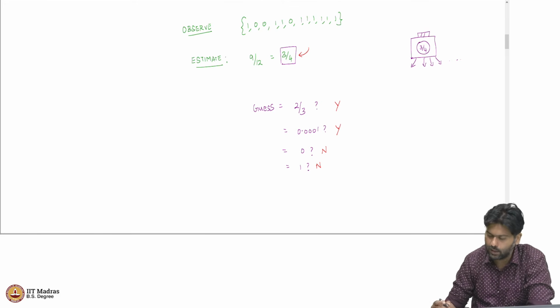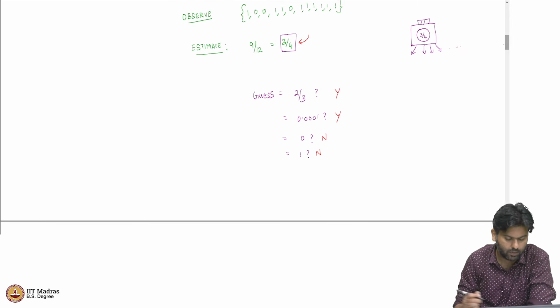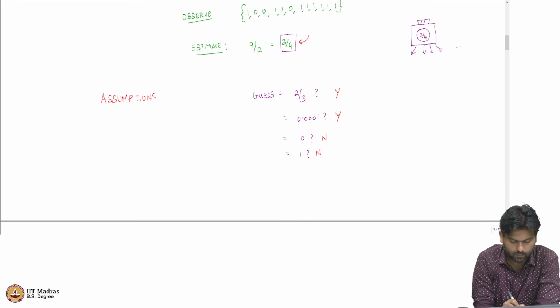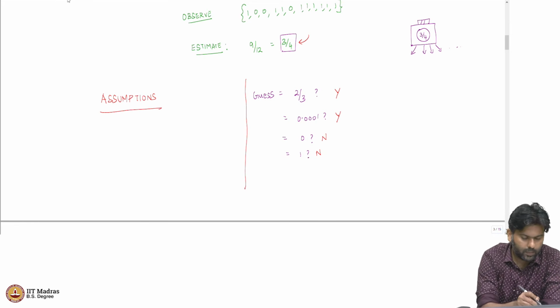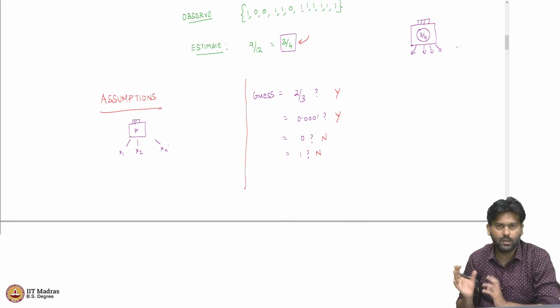The assumptions that one typically works with when we deal with data are the following. Let me put it here, assumptions. In this simple case, you have this box with the unknown parameter P, and then you get, let's say, x1, x2 till xn. So, n data points, each of these is 0 or 1.